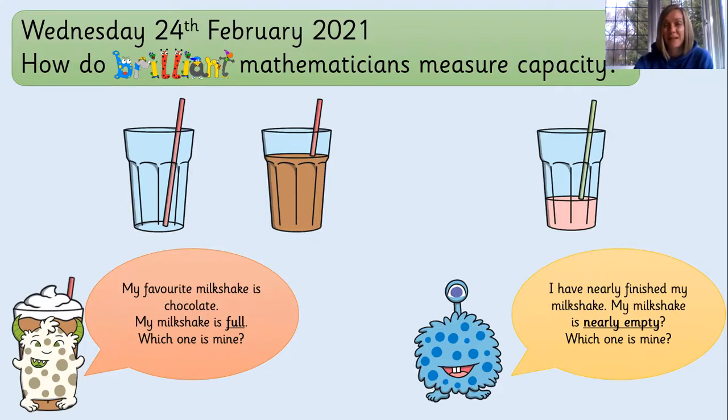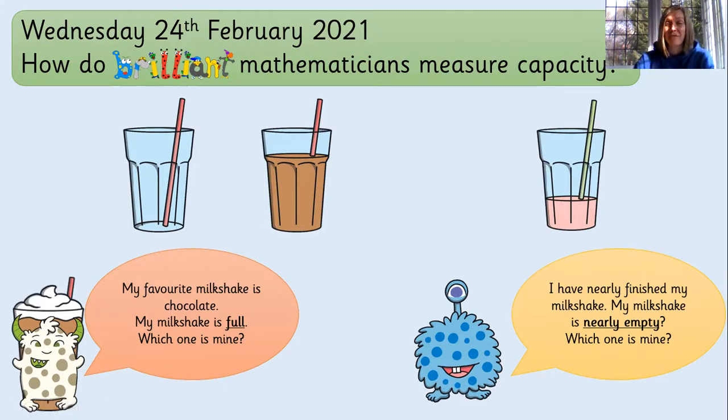So let's see if we can help his friend over here. He's only got one eye, so we need to see if we can do some looking and some searching for him. It says, I have nearly finished my milkshake. My milkshake is nearly empty. Which one is mine? Oh, so he hasn't finished it.